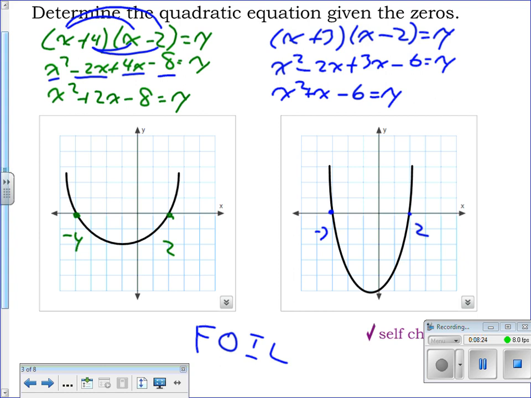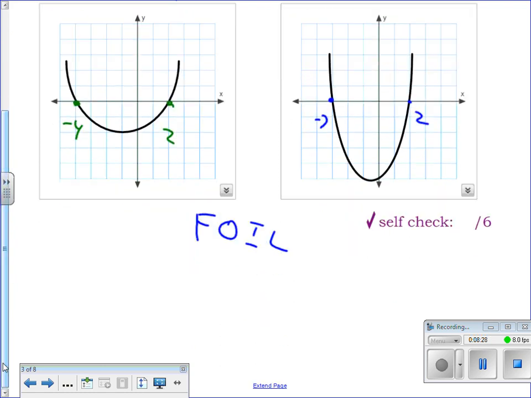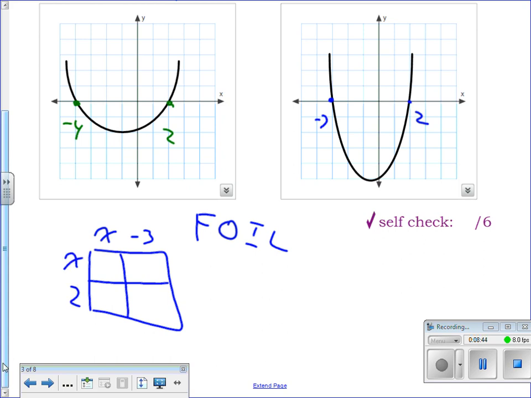First, outside, inside, last. The other thing you can do, and I've done this, and I don't do it when I have 2 and a 2, is I'll set up a box, and I will put the factors there, and then fill it in like a multiplication table.